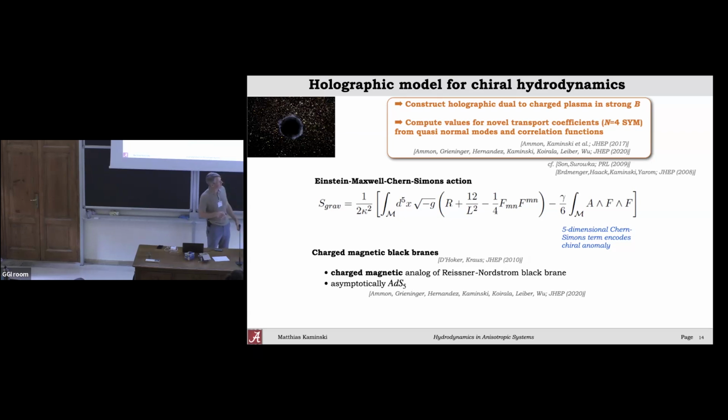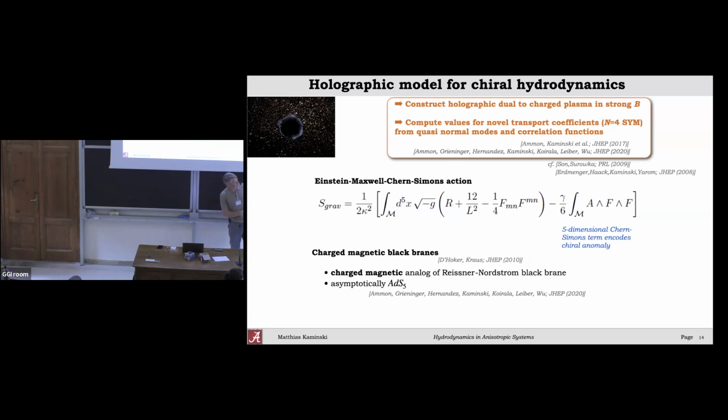We calculate these values of the transport coefficients in a holographic model, which is dual to N=4 super Yang-Mills theory. So we construct the dual to a charged plasma state in a strong external magnetic field. This is basically an Einstein-Maxwell action.